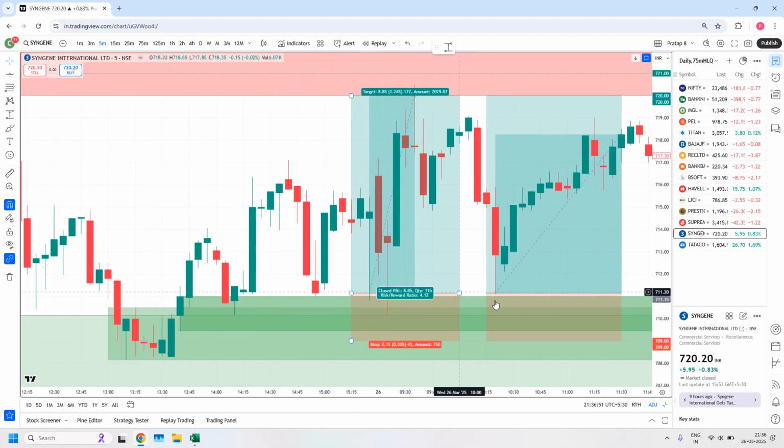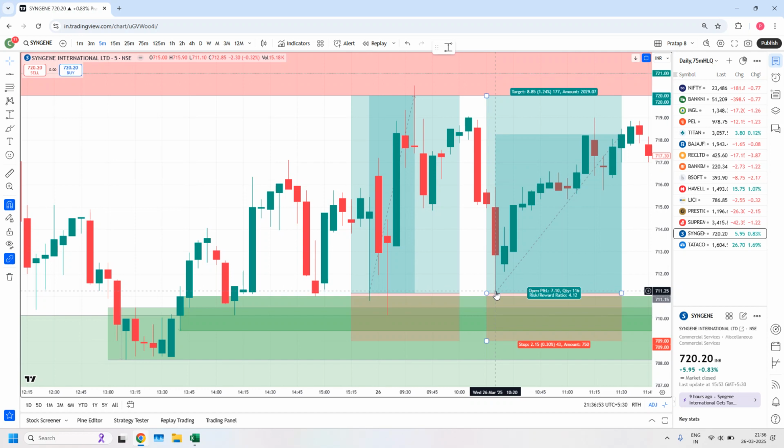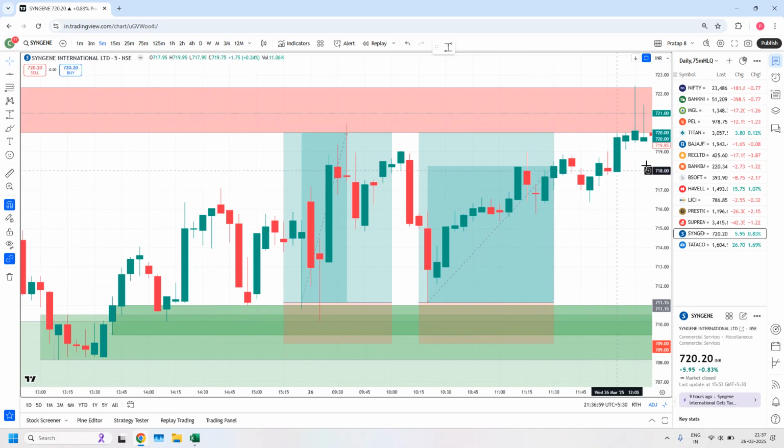And again you got a second trade. At 10:20. And reached the target at 12:10. Or you can say 12:20 approximately. 2 hours. See, morning 9:20, it took 15 minutes to give you the profit.